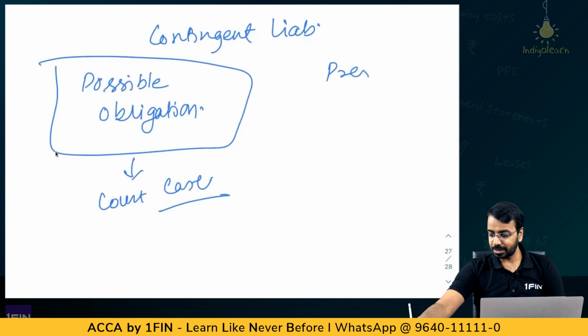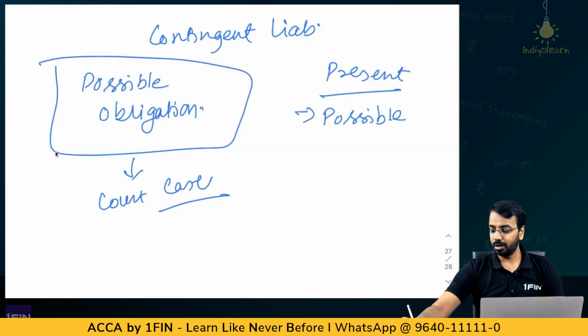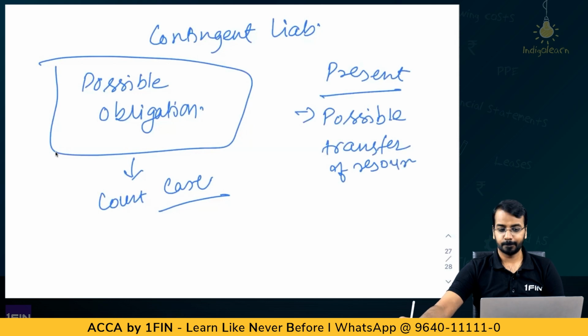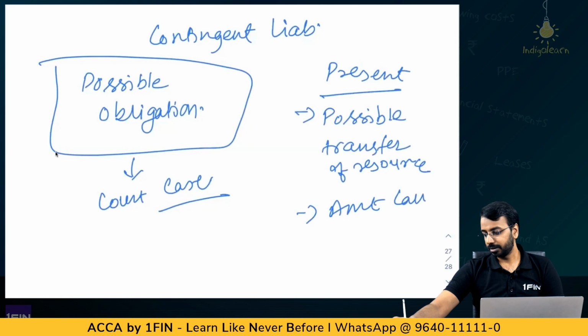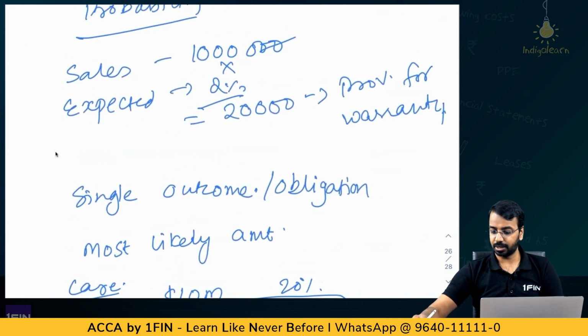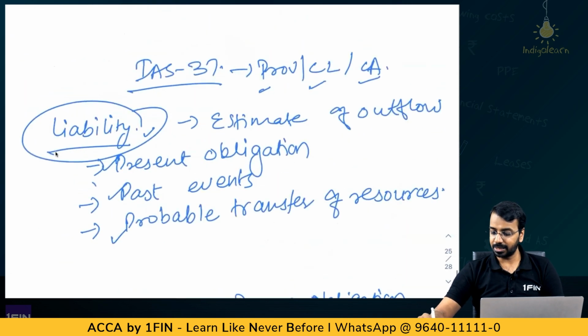Or it is a present obligation, but there is only a possible transfer of resource, or the amount can't be measured.